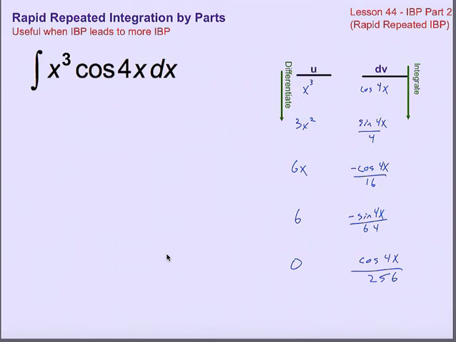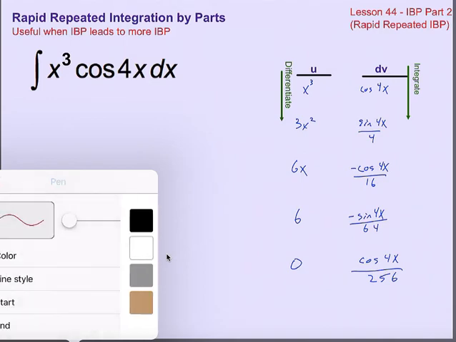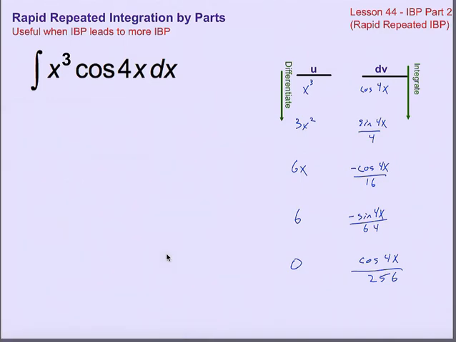But there's a tiny little catch here. When I connect those products, the first one is nice and simple, the product of u times v. But with the next one, if you remember the formula from integration by parts, it would be the integral of this. It would be minus the integral of this. It's uv minus the integral of v du, which means when I go to my next diagonal, which would be my next uv, remember there'd be a minus sign in front of it.